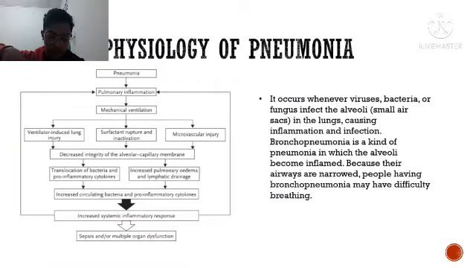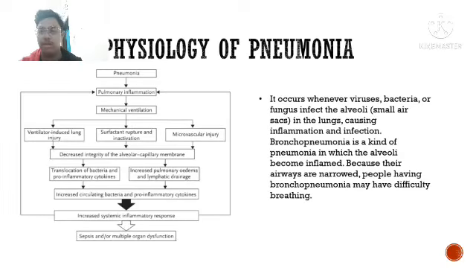Then they increase the circulating bacteria and pro-inflammatory cytokines, and then increase the systemic inflammatory response, and then sepsis or multiple organ dysfunction. So that is the pathophysiology, and it occurs whenever a virus, bacteria or fungus infects the alveoli or the bronchi. Bronchopneumonia is a kind of pneumonia in which the alveoli become inflamed, and because the airways narrow, people have bronchopneumonia.